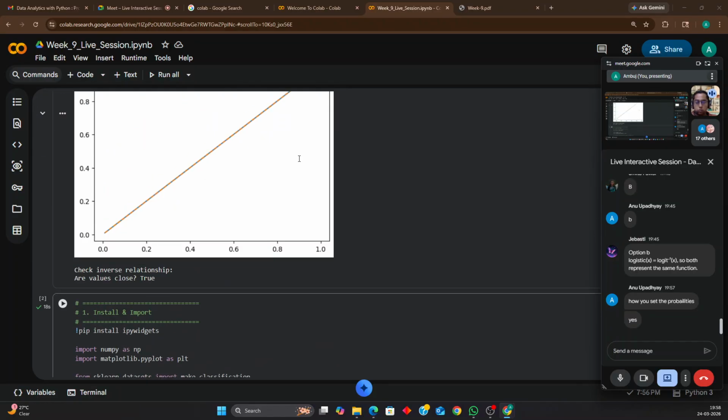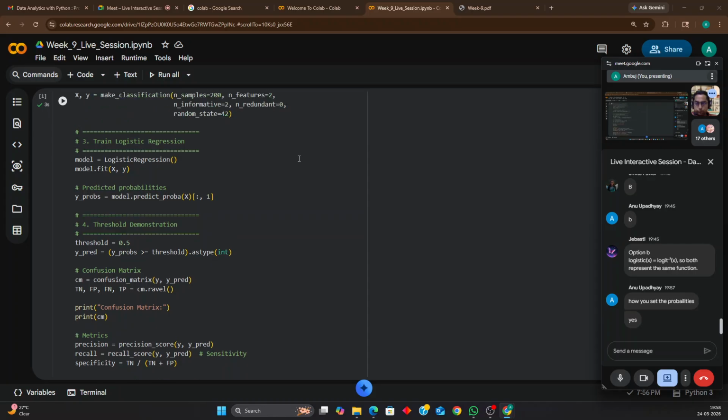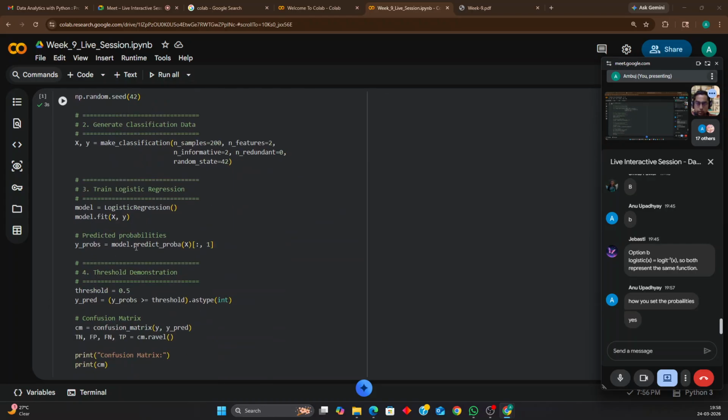In this particular notebook, the probabilities which I am getting are not set. First of all, the model is fitted. Then what is the predicted y and what is the actual value of y? y will be an array, x will be an array. Suppose x is an array 1 and 2, and y is an array 3 and 4.